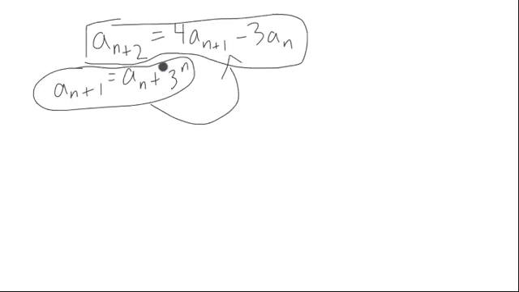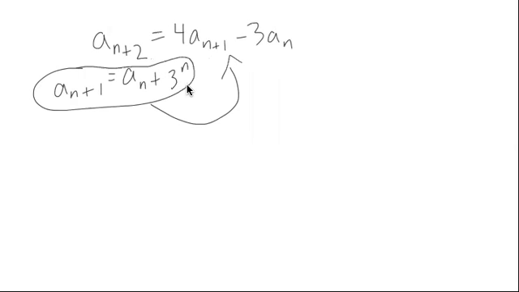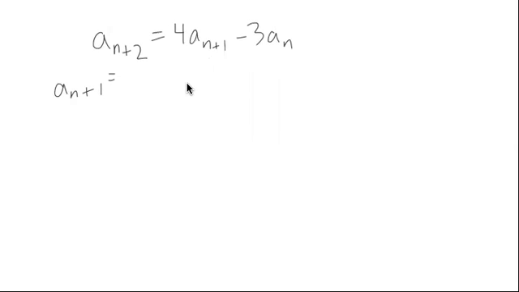Notice how you have extra things added on here, and here you simply have a multiple of this term plus a multiple of that other term, the two previous terms in the sequence.